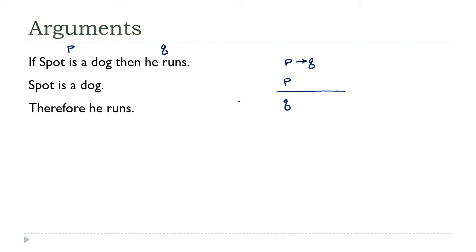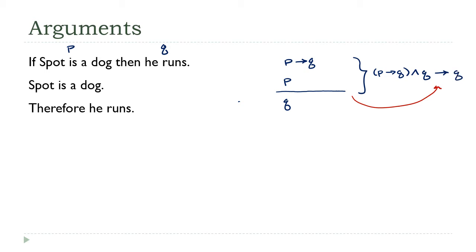And to do that, I'll combine the two premises here with "and." So it's going to be P implies Q, and P, right? And the "therefore," or the line here, becomes a conditional statement.